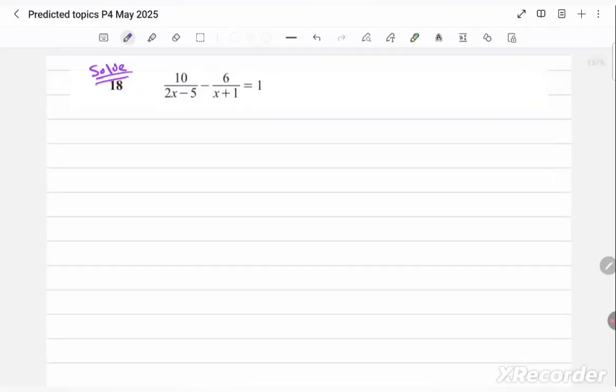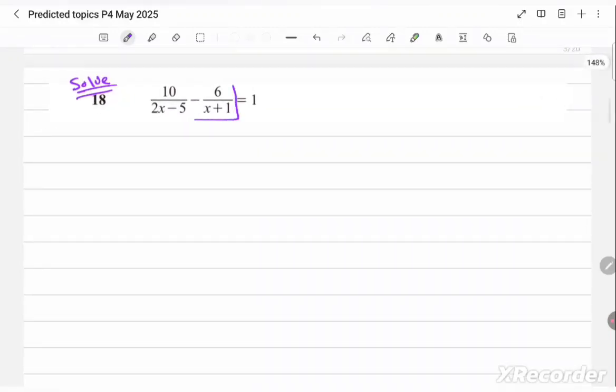Anyway, at the beginning we should write these two fractions as a single fraction. So let's do that. Step number 1, let's do cross multiplication. 10 times x plus 1, negative what we have here, 6 times 2x minus 5.